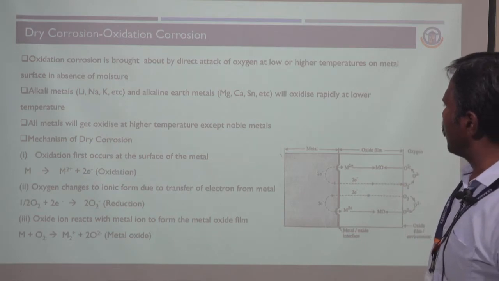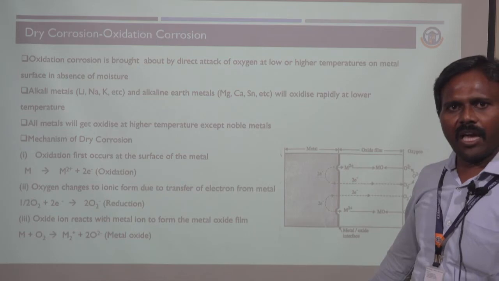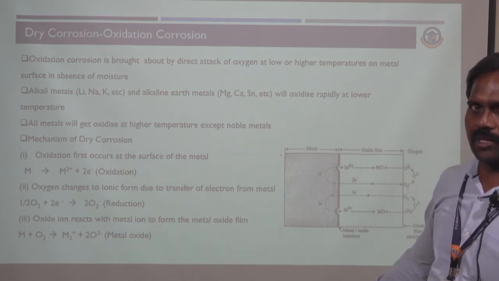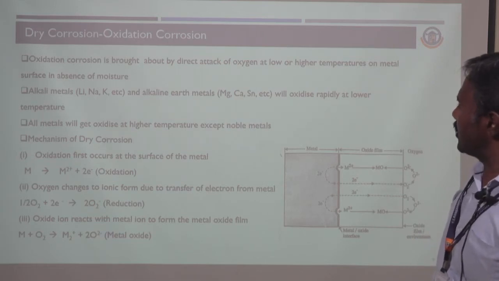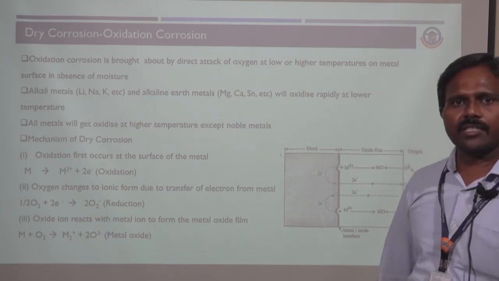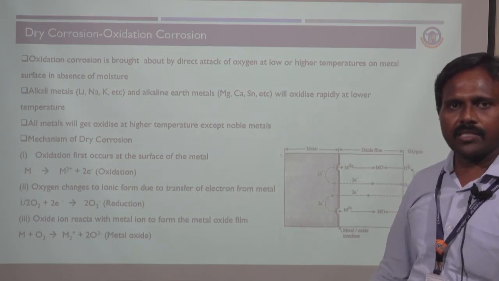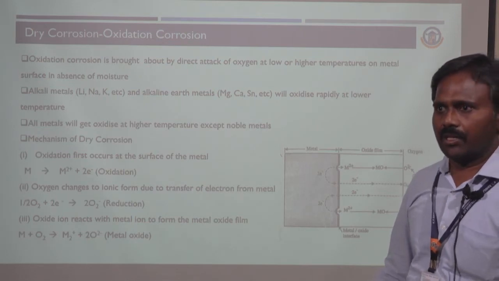Now let us discuss the mechanism of dry corrosion. In this diagram I have given the mechanism of dry corrosion by oxygen. The first step is that oxidation first occurs at the surface of the metal, at the metal and oxide interface.